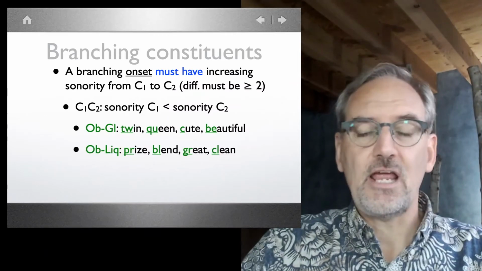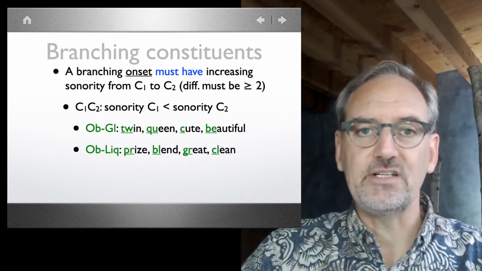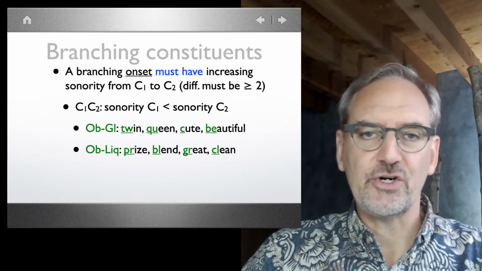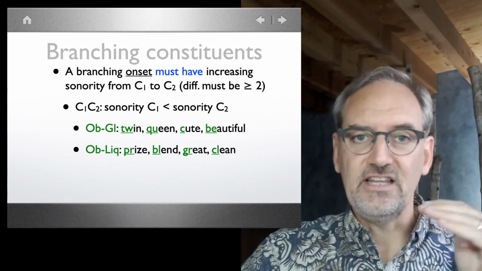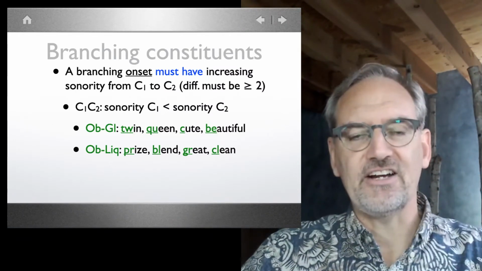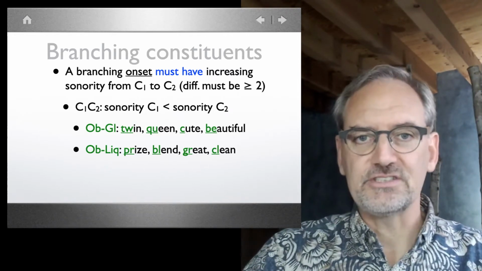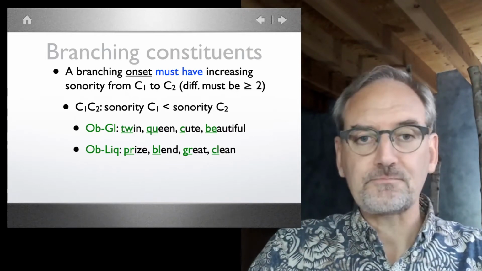Okay? The same is true for words that begin with an obstruent liquid cluster. Words like prize, blend, great, clean. Okay? In this case, the liquid is 2 points higher on the sonority scale from the obstruents, which is within the limit required.